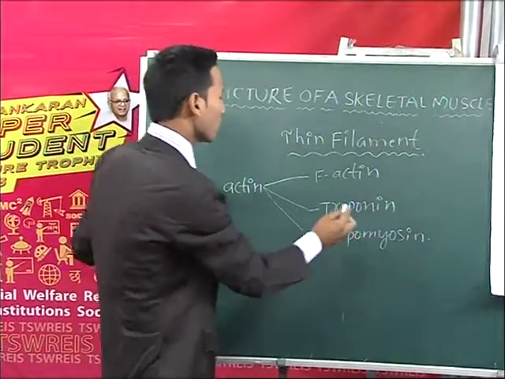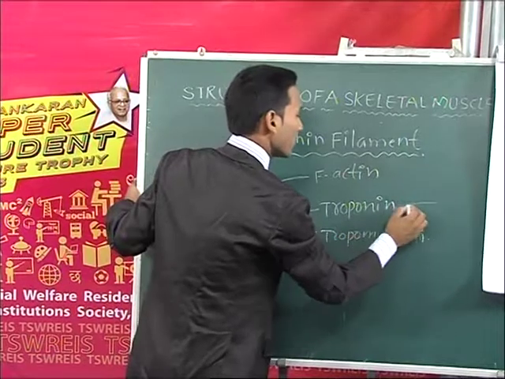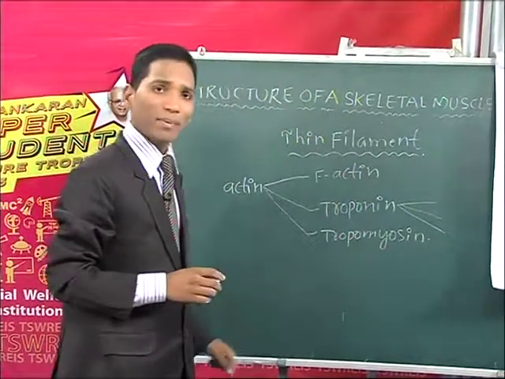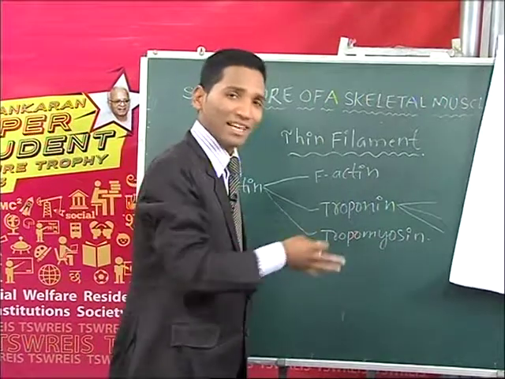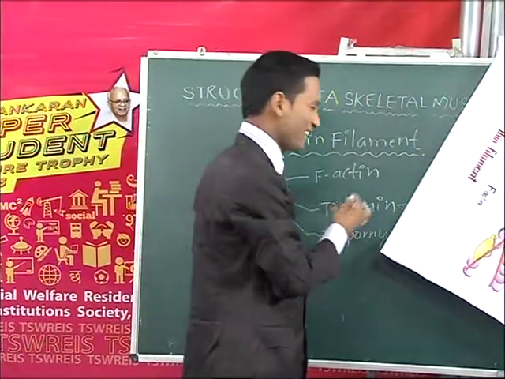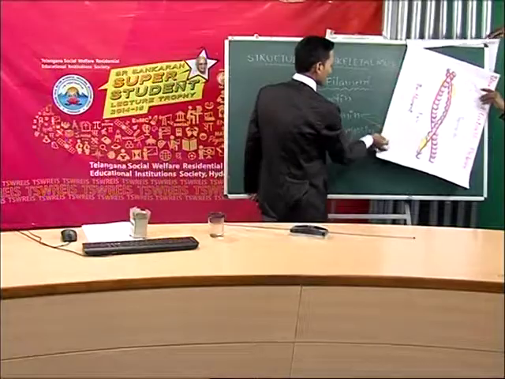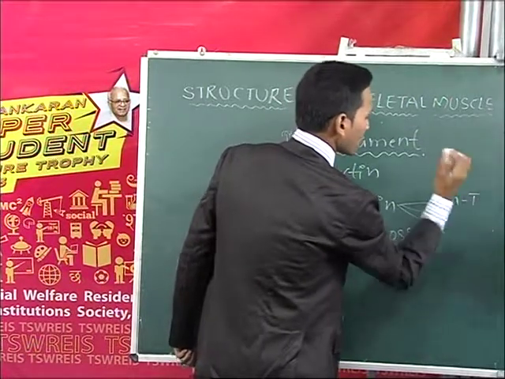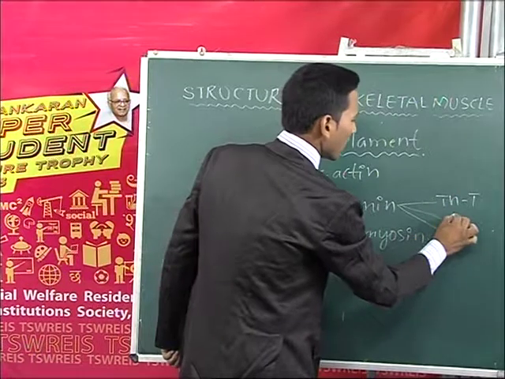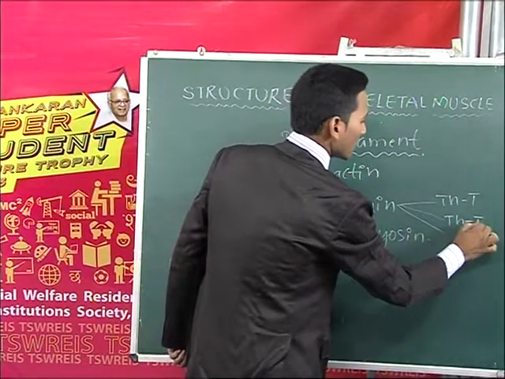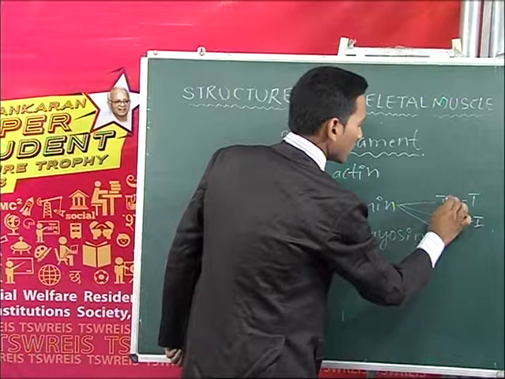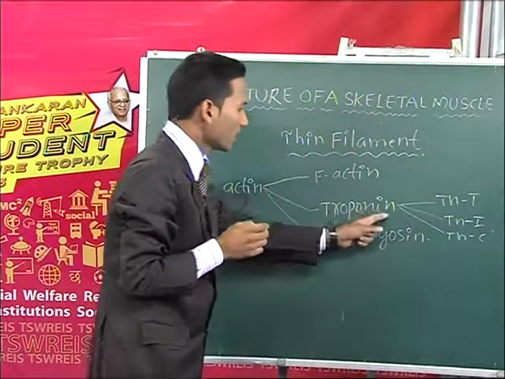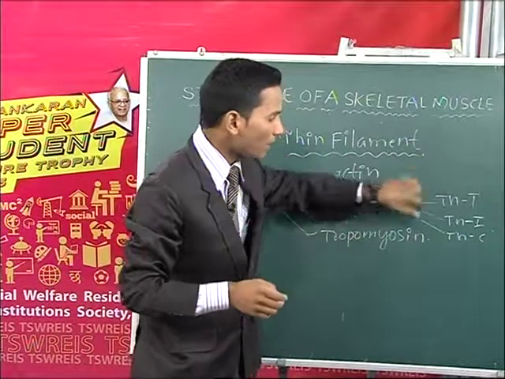And this troponin is made up of 3 polypeptides. Let us see what they are. One is the TNT, the next one is the TNI, and the next one is the TNC. So this troponin is made up of 3 polypeptides.